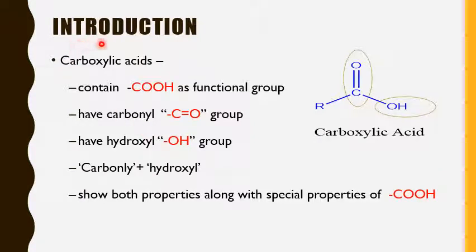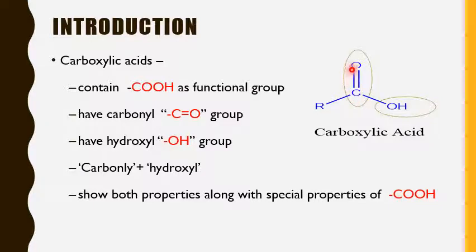Okay, so introduction. Here, carboxylic acids contain the functional group COOH. So COOH is the functional group in carboxylic acids. Here R indicates the hydrocarbon part, and CO is the carbonyl group.